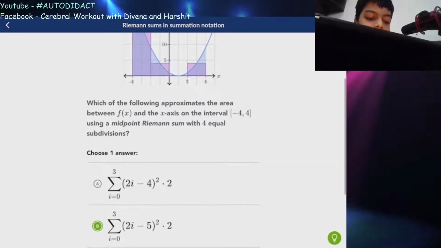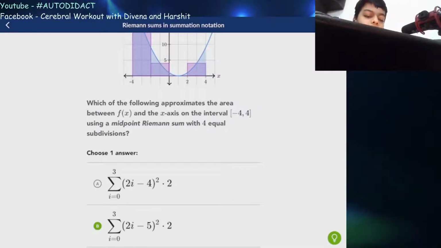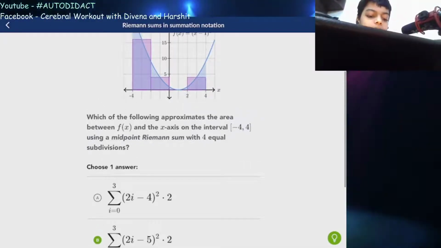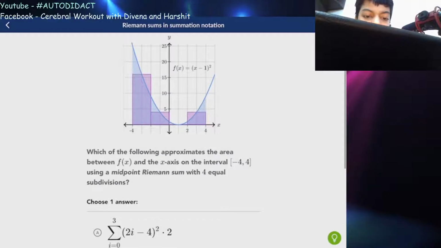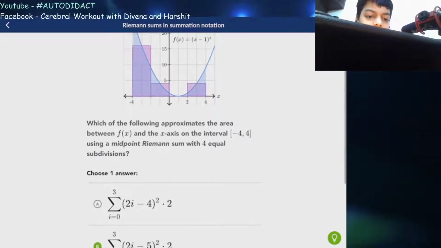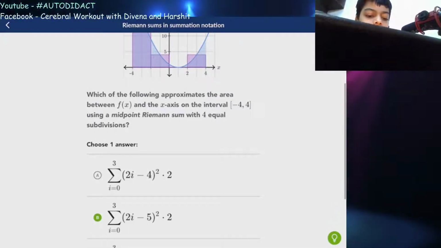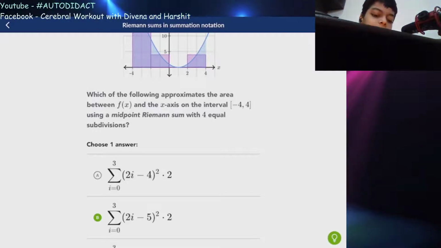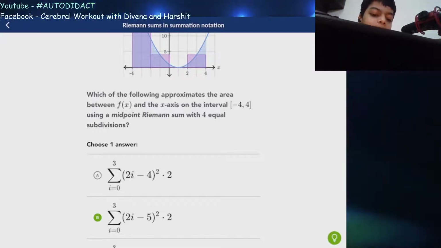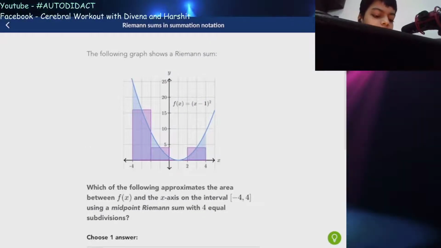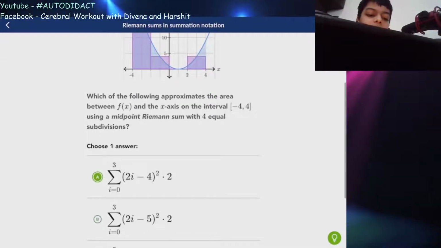Let's think about this one then. 2 times I is 0 in this case, so 0 minus 5 is -5, squared is 25. But 25 is really high, so this one is wrong, so I'll go with answer A.